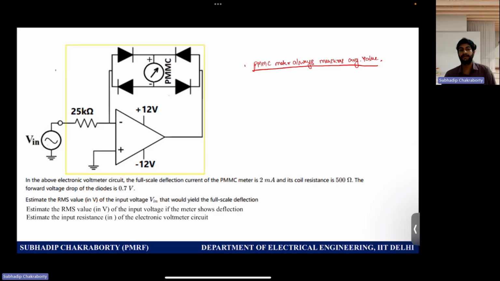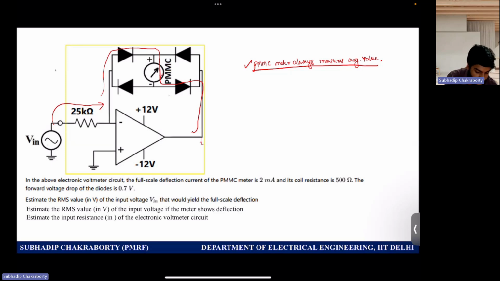So either you have an ammeter or voltmeter, but the PMMC based meter will always measure the average value of the incoming signal or the signal flowing through it. So you have an arrangement where, if you have a current entering through this, then the current in the positive half cycle will pass through the meter and will go like this, right?